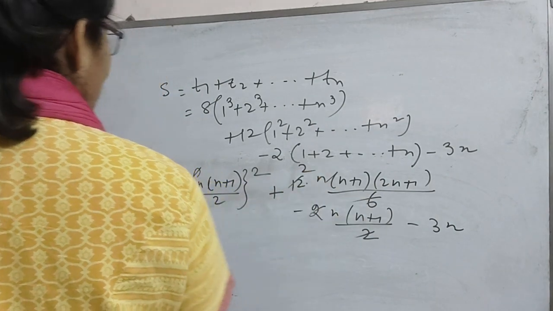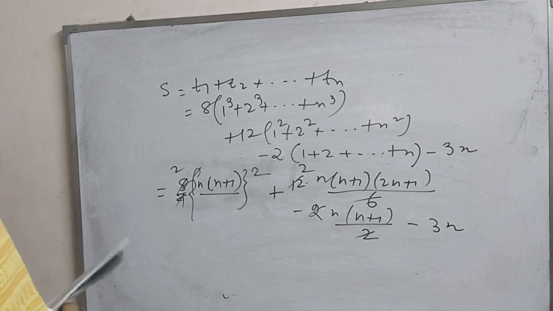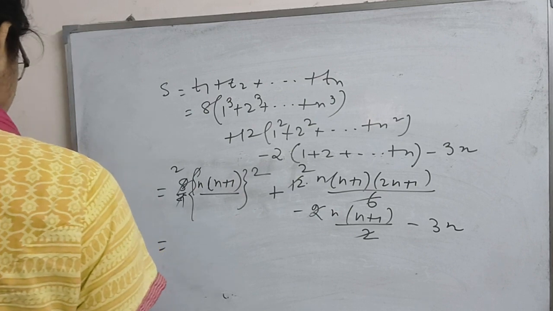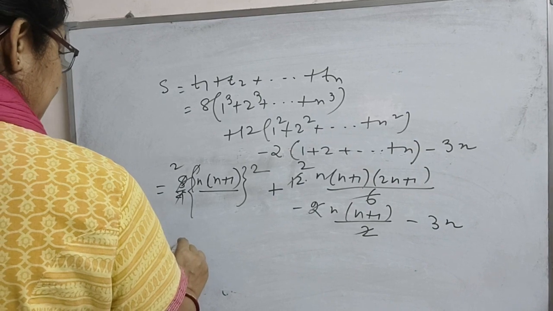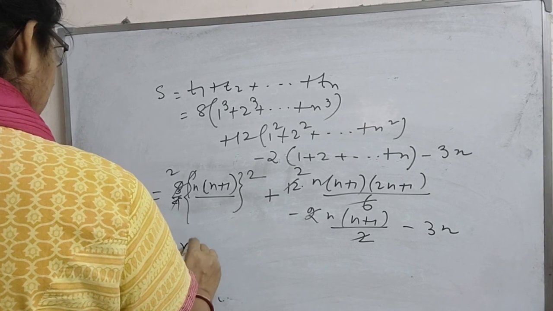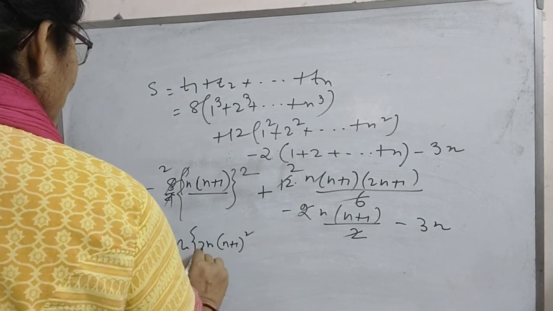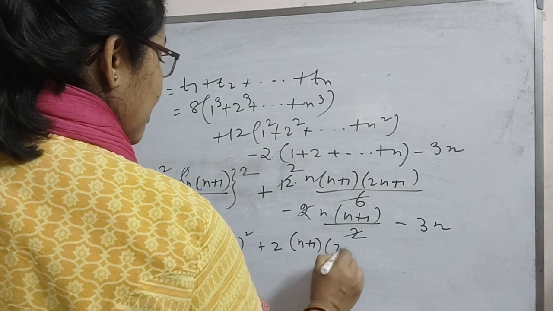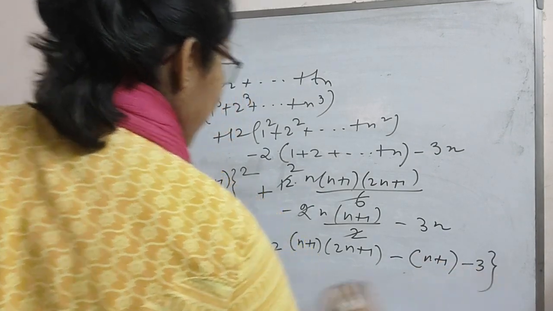2 cancel out, 6 2. This is 4 4. So this equal to 2. If I take n common, then I will write n into n plus 1 square into 2, plus 2 into n plus 1 into 2n plus 1, minus n plus 1 minus 3.